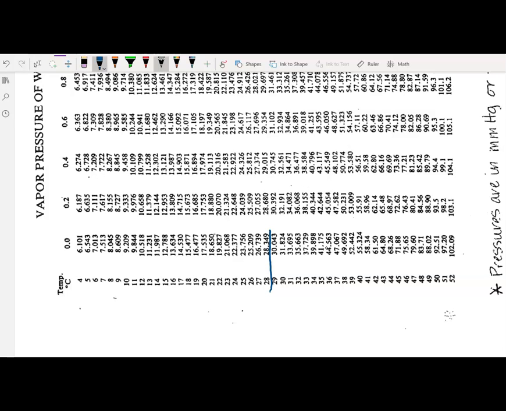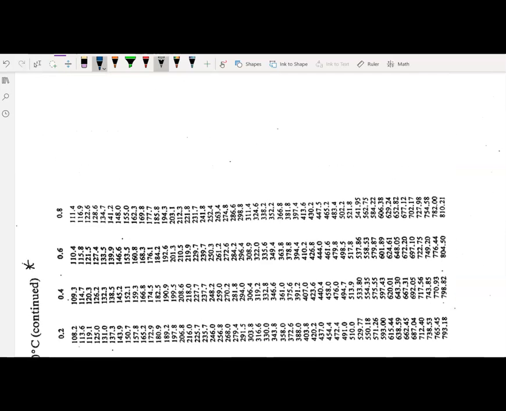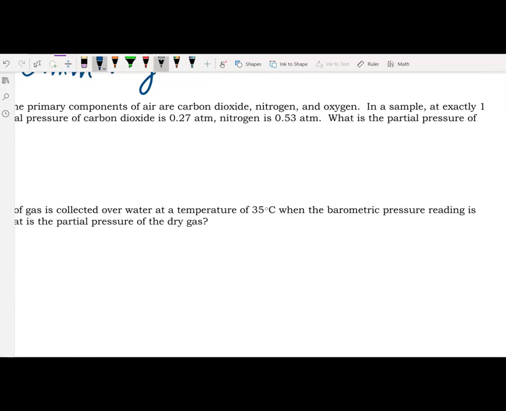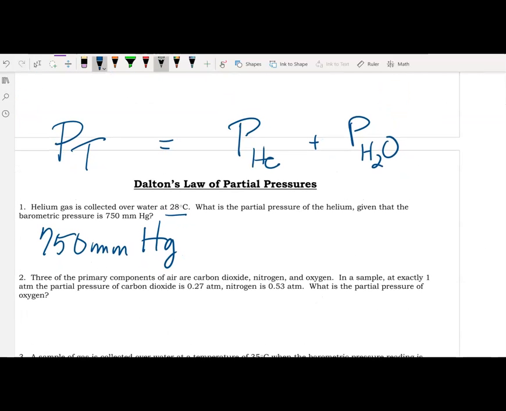If it was 28.2, then we would use this value. If it was 28.4, we would use this value. But we're just using 28.0. So at 28 degrees, the pressure is 28.349 millimeters of mercury. Now, how do I solve for helium?